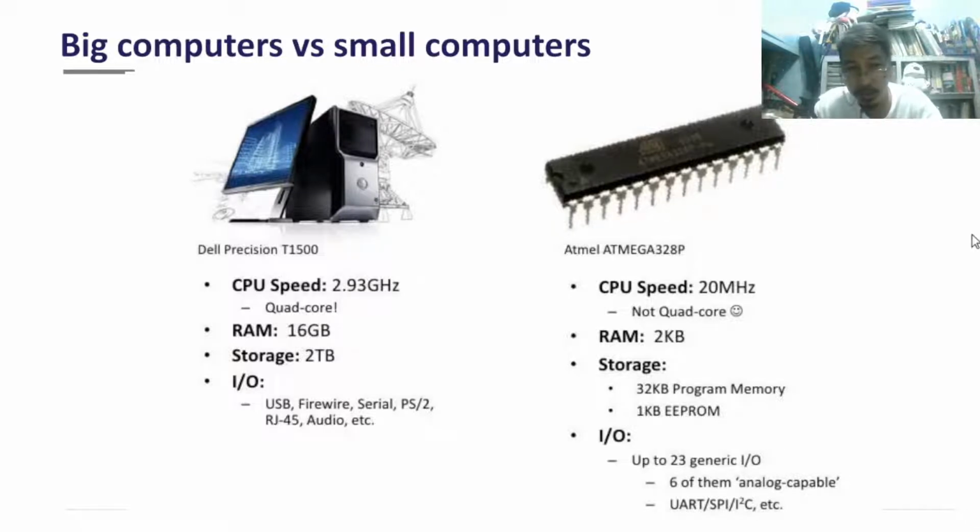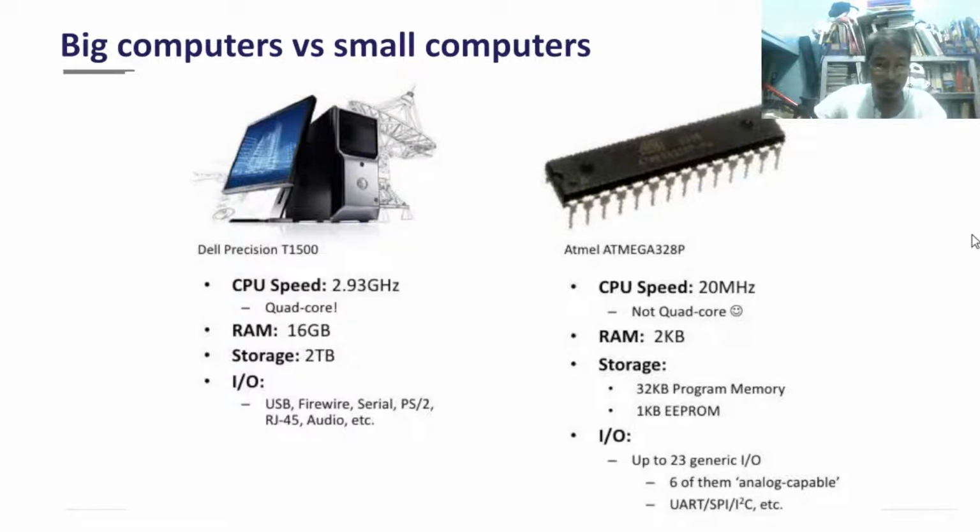Imagine 16 gigabytes of RAM. While the RAM of Arduino is 2 KB. 2 KB multiplied by 8 million, that is 16 gigabytes.